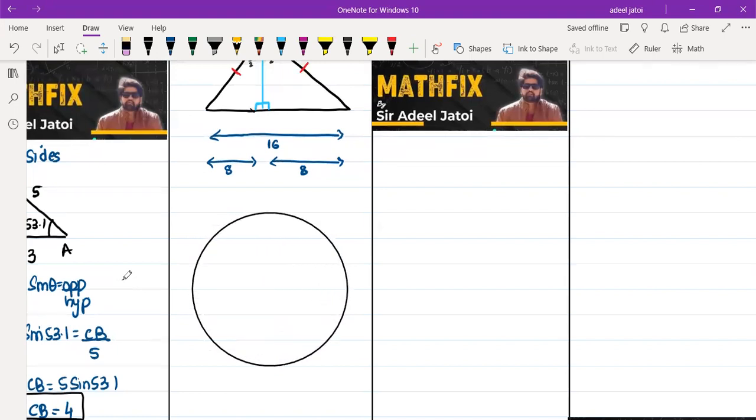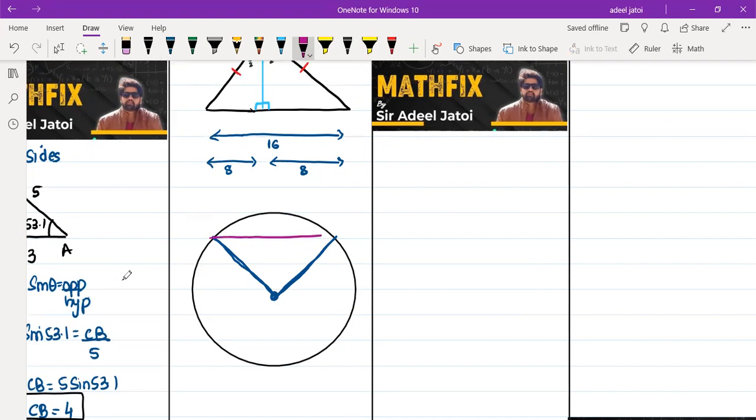We have a circle and we have the center of the circle, creating two radiuses, and those two radiuses are meeting a chord.